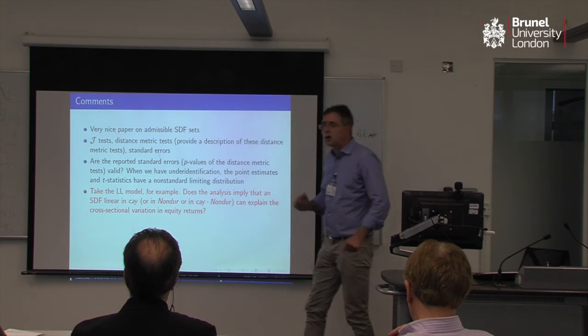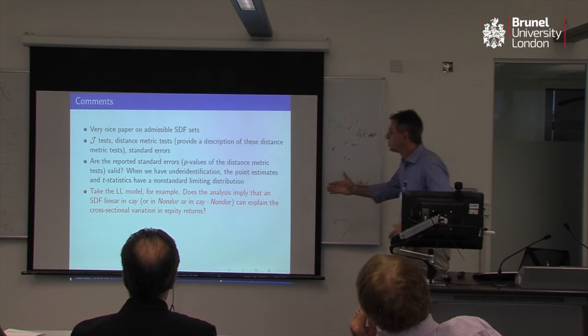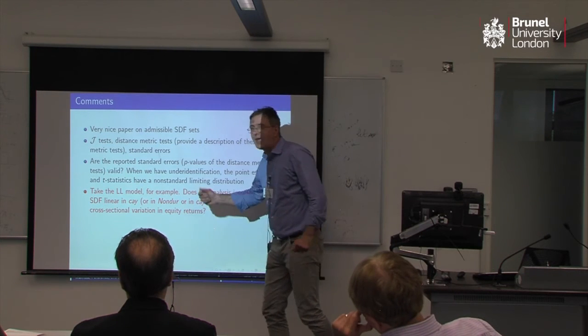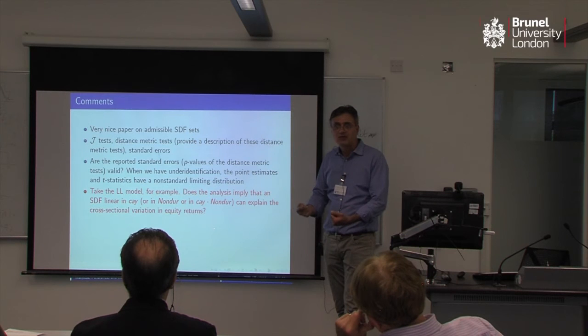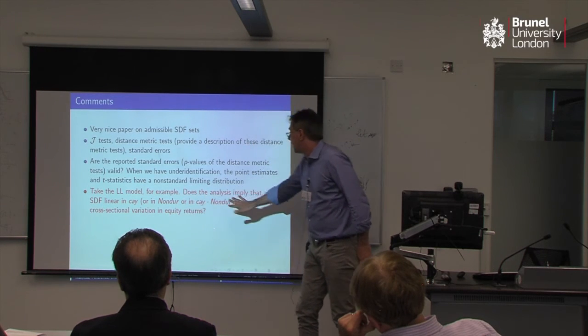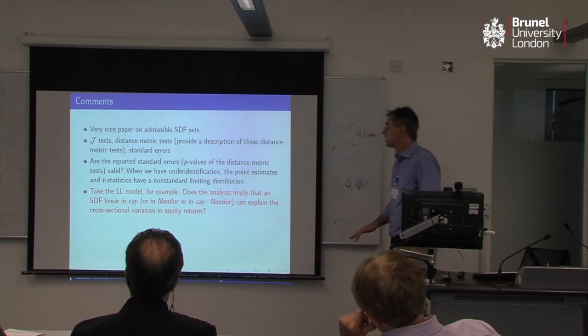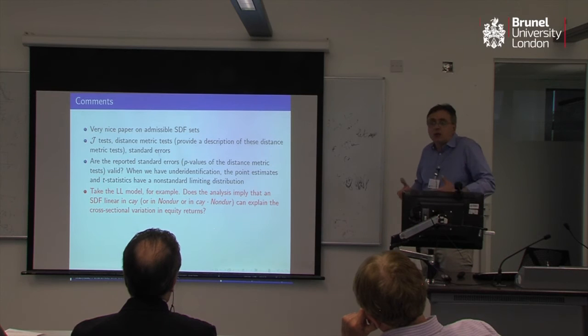One result, and it is not the model that Enrique presented to you, but the other model in the paper, which is Veletau and Ludvigson. In that case, we cannot reject a three-dimensional subspace. So the analysis implies that an SDF linear in chi, or in non-durables, or in the interaction term, can explain the cross-sectional variation in equity returns. This is kind of puzzling, right?